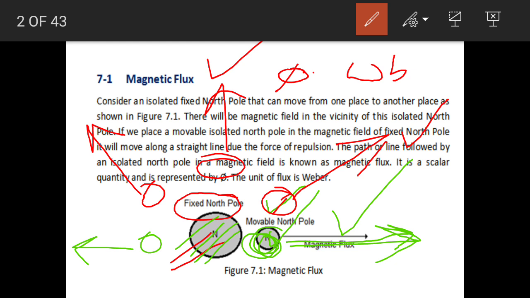So these lines represent the magnetic flux, and magnetic flux is basically the line or the path which is followed by an isolated north pole in a magnetic field.